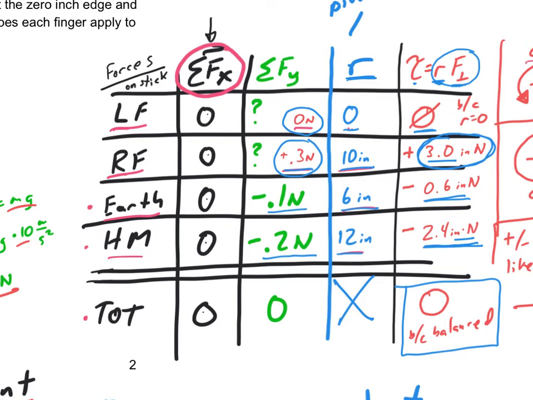Next column. I want to build up to being able to talk about torques. But before I talk about torques, I need to include information about those distances from the pivot point to where the force is acting.